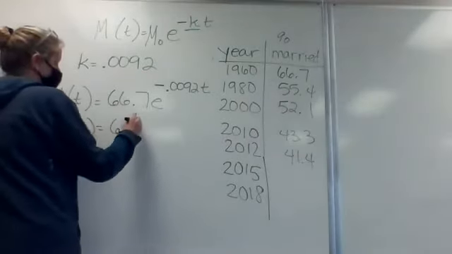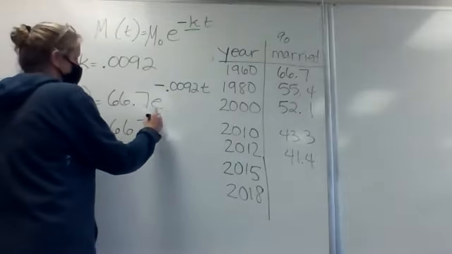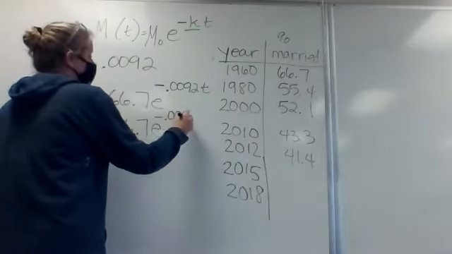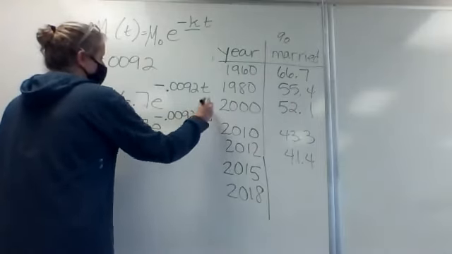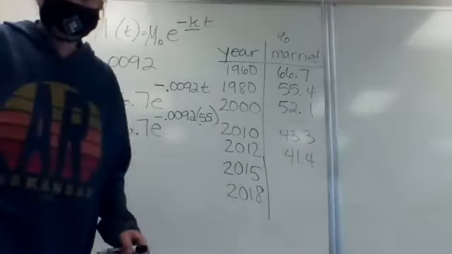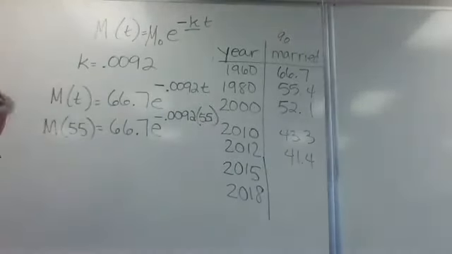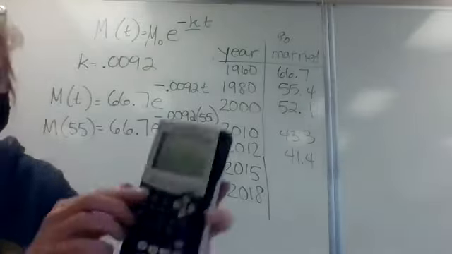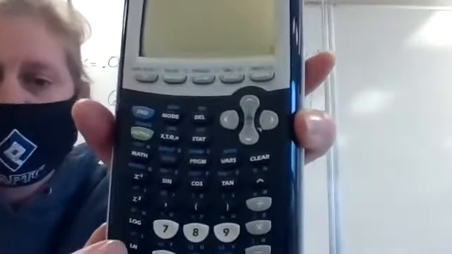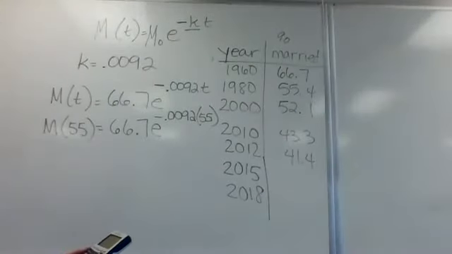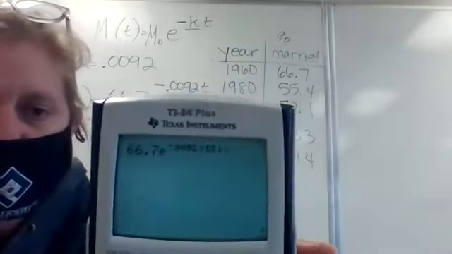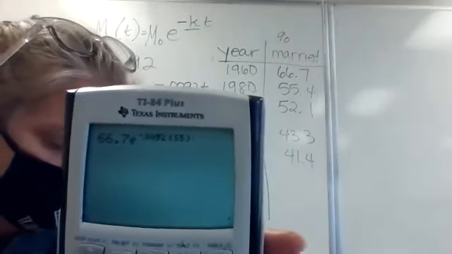So I have 66.7 E to the negative 0.0092 times 55. So again, just type that in your calculator, 66.7 E, and remember, E is second ln, and then in your exponent, negative 0.0092 with the 55 in parentheses. And hit enter.